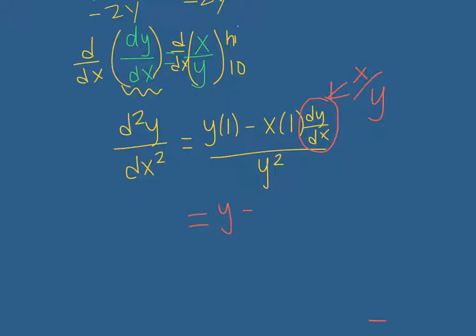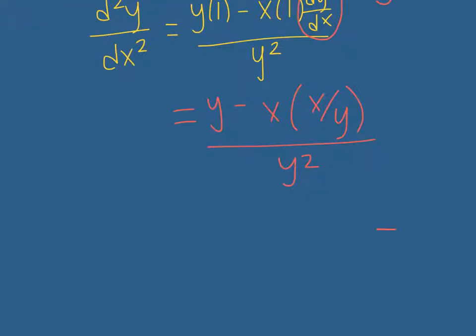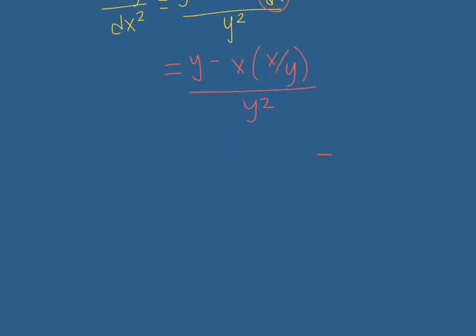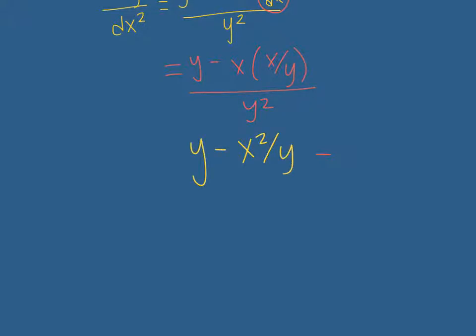So it's y minus x times negative x over y, all over y squared, and I have to do some simplifying here. So now I have y plus x squared over y, all over y squared, and that really is the answer. You can leave that on a free response, but on a multiple choice you would likely need to be simplifying this a little bit.